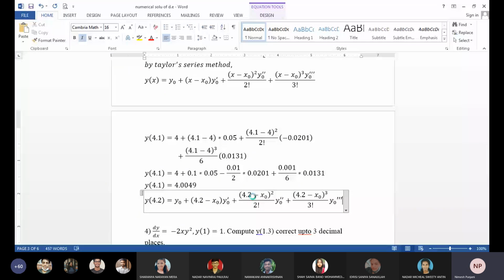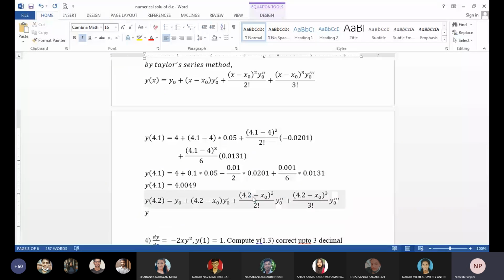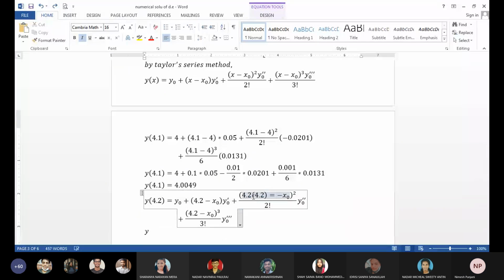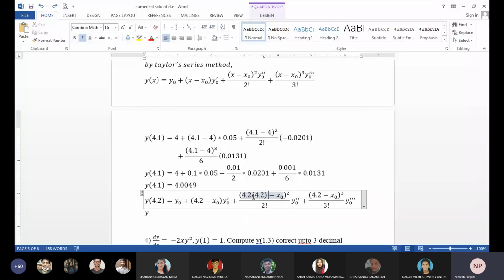I had told you the equations are becoming a bit heavy, so the system is taking some time to get things sorted out. Okay, y0 is 4. x0 is also 4.